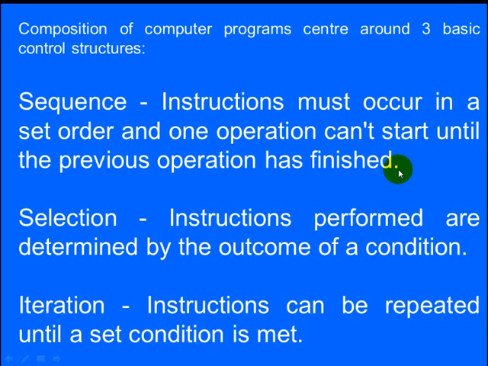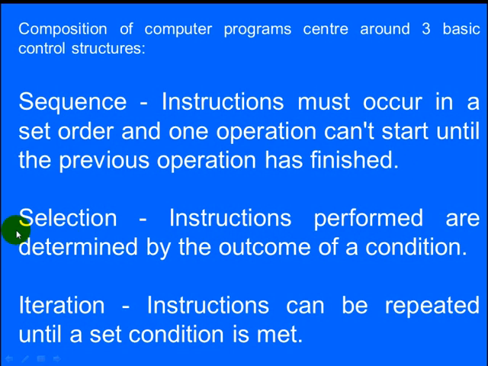Then and only then may the next instruction be executed. So if we have designed a program having 10 instructions, first of all the first instruction is executed, then second, then third. It's a top to bottom approach, in fact. So by sequence we mean that all the statements are executed in a well-defined order.